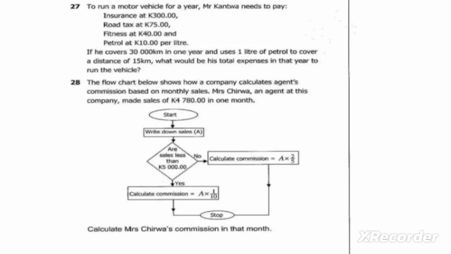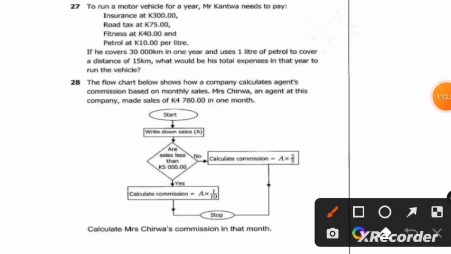So we are going to say commission, which is 4,780 times 1 over 10. So this 0 and this 0 will go.